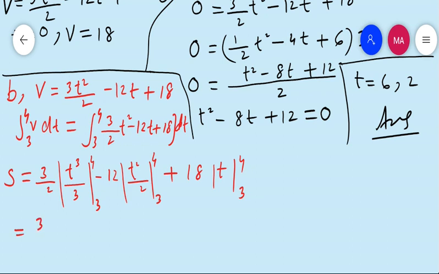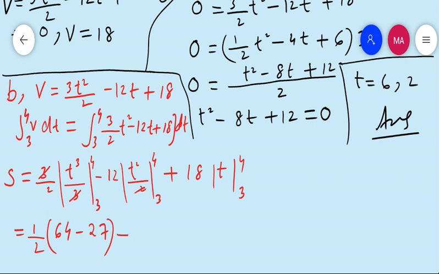So 3 upon 2 times, this 3 cancels by this 3, it is 1 upon 2, and apply the limit to t cube from 3 to 4. First we put 4 cube, 4 cube is 64, minus 3 cube is 27.